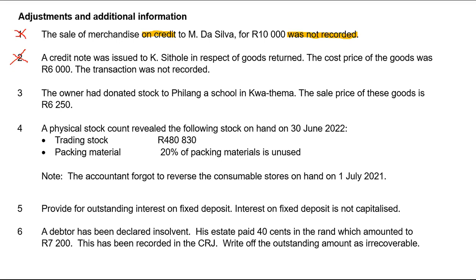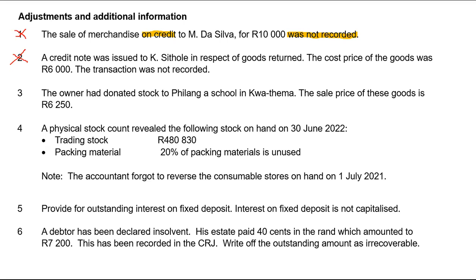We are therefore losing. But what are we actually losing? We are only losing the original price of those goods, the price we paid for those goods. We are not losing the selling price of the goods, we are actually losing the cost price of the goods.